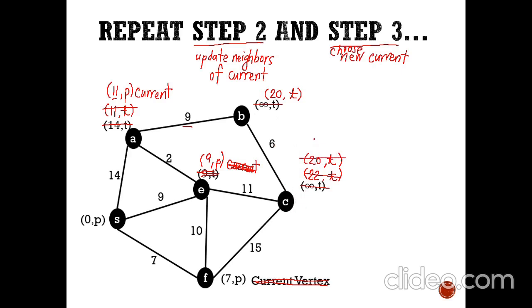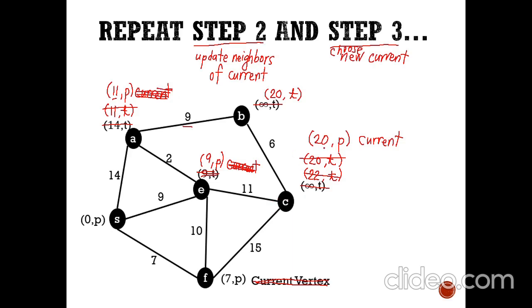So I will have 20 permanent. Okay, notice that it is possible to choose a new current vertex that is not adjacent to the previous current vertex. So this is the new current vertex, and the previous current vertex is erased. Okay, now we go back to step 2, which is update the neighbors.